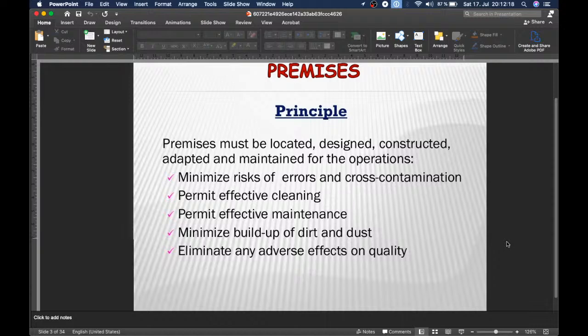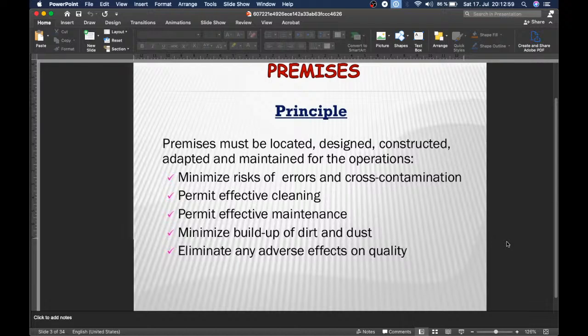Like if you're building an industry for tomato ketchup, and nearby you have an industry producing yeast, a lot of yeast being produced for cheese production, it will not be nice to have your industry near that, because there will be cross contamination in your industry because of their production. So when pharmaceutical companies are building their facilities, a product produced in one industry should not cross contaminate nearby industries. So be careful with that.